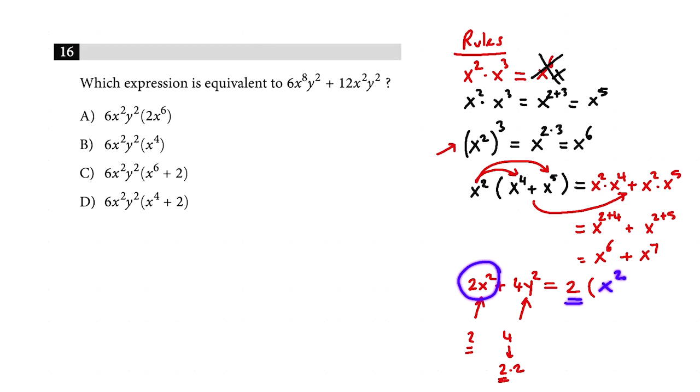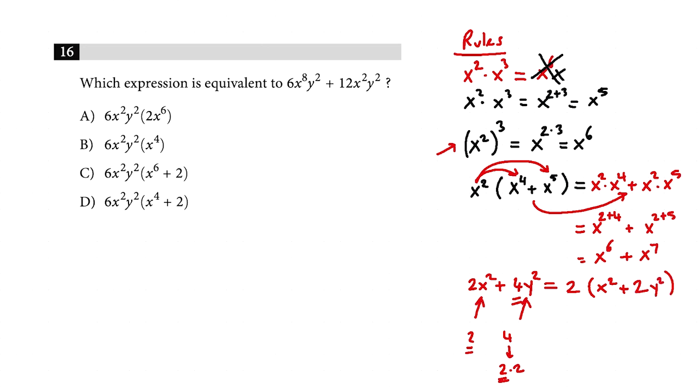Here is 4, and 2 times 2 is 4, and what is left? y squared is left. So it's going to be x squared, because x squared is left, plus 4, as you see. 2 times what is 4? Of course it is 2. And what is left? y squared is left here.